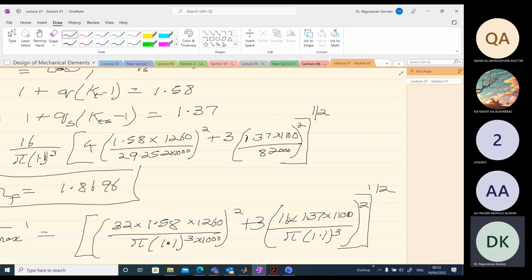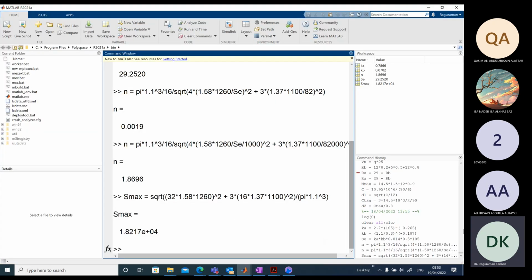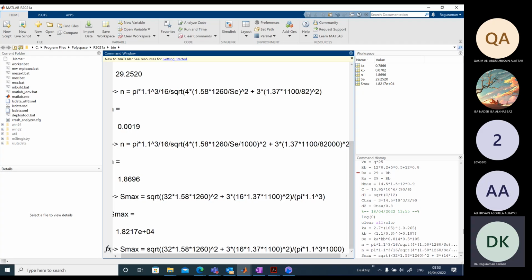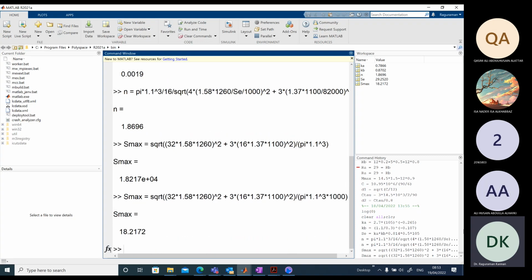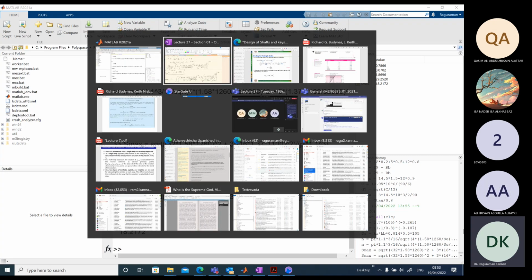So in the denominator, I multiply by 1000. We can take a common factor 1000 outside and put it here, and then calculate it, and that will give you kpsi directly, 18.2172.